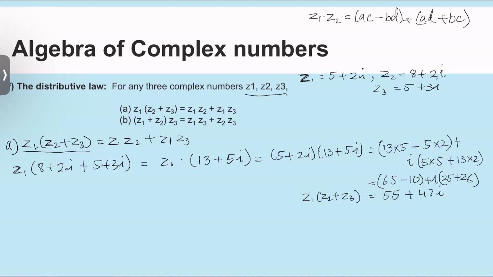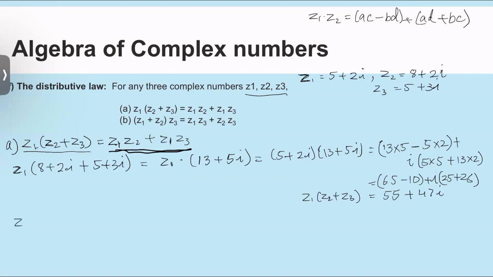Now we try to see if this simplified form of Z1 in bracket Z2 plus Z3 actually gives the same results or not, so we can see if it is validated.